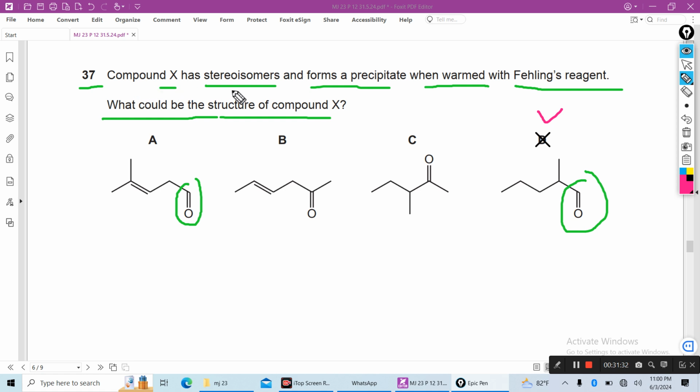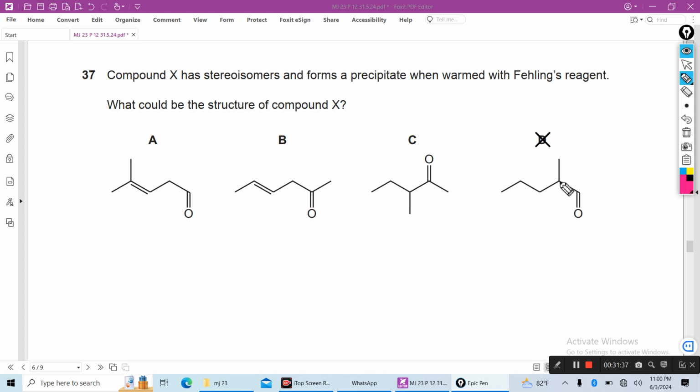Compound X has stereoisomers, so it has a chiral center. You see, D has one chiral center. This carbon contains a CH3 group, a CH2 group, a CHO group, and a hydrogen, 4 different groups.